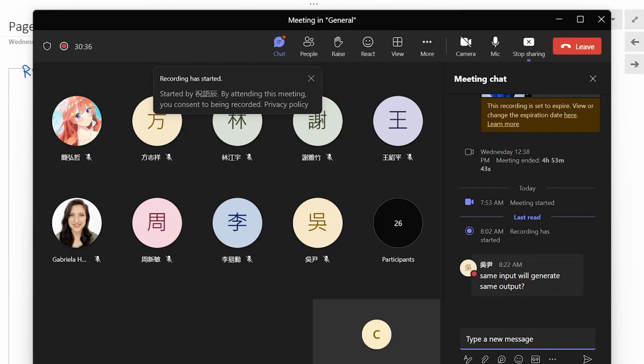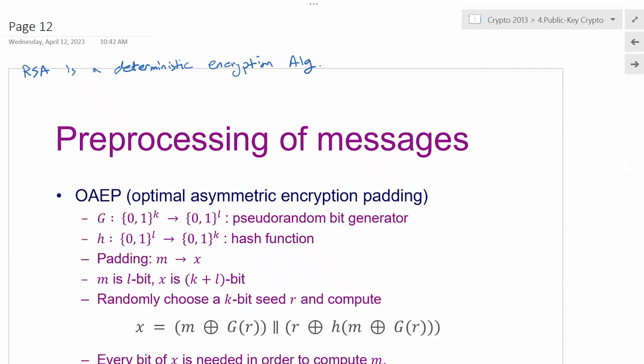But when we talk about RSA, this student is also giving a very good answer: it would always generate the same output. Let's look at the encryption algorithm.